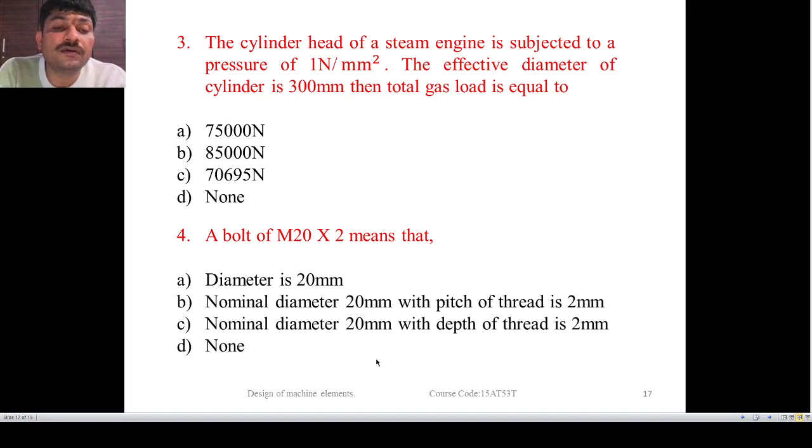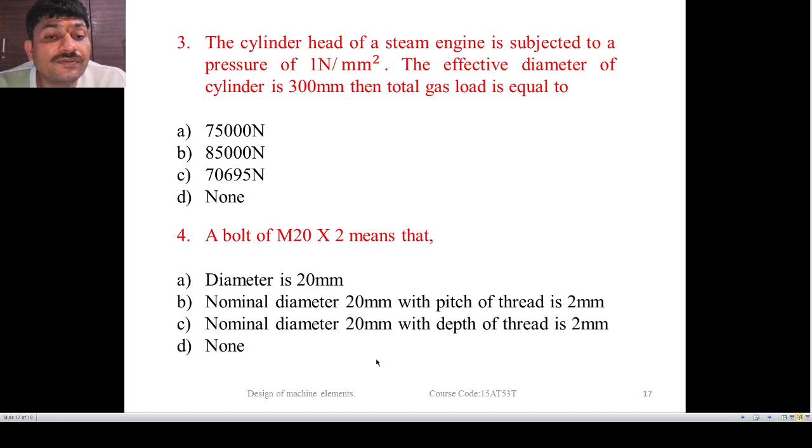So already in the theoretical sessions we have discussed the designation of screw threads. Usually for the screw fasteners, they are designated as M20, or M20 into something.